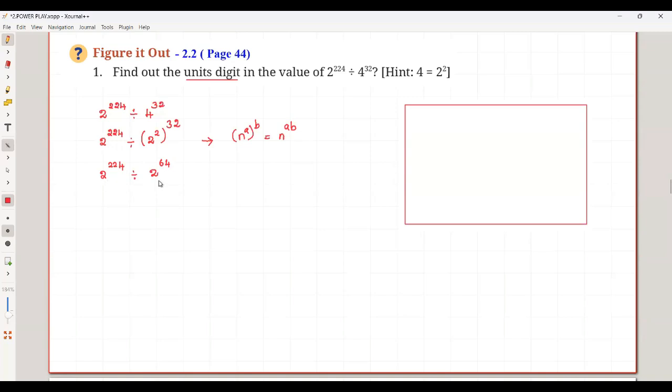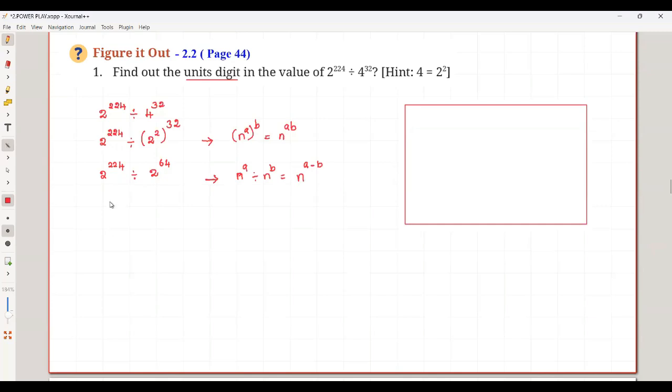Now they have the same base. For this I use n to the power a divided by n to the power b. Both have the same base. For division, keep the same base and subtract the powers: n to the power a minus b.